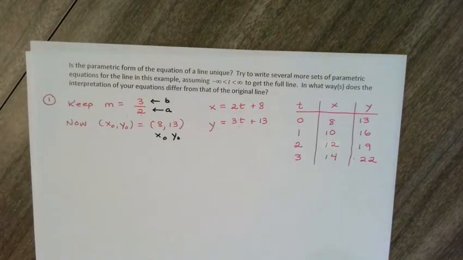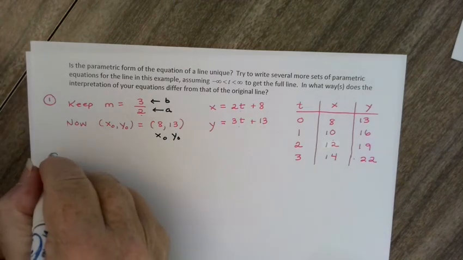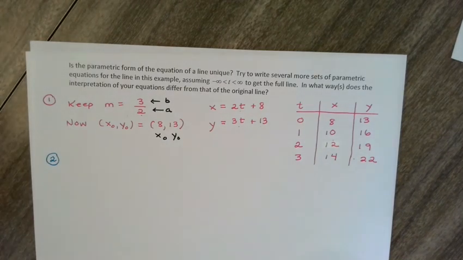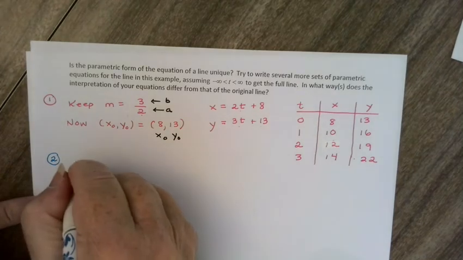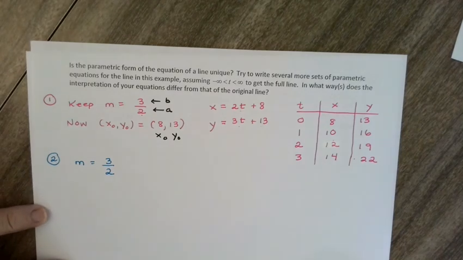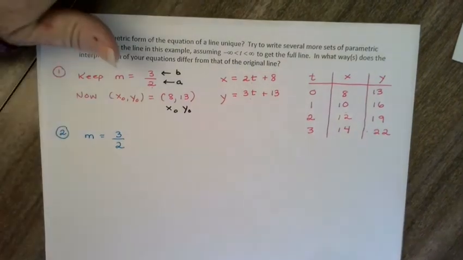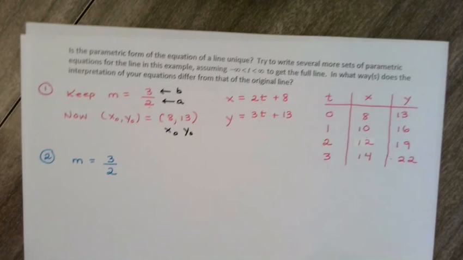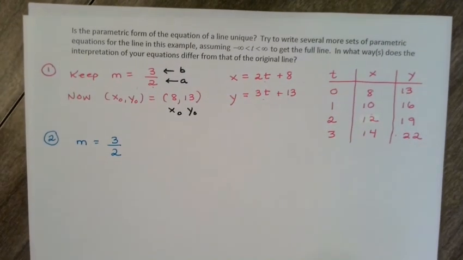All right, let's make another change. This time, I'm going to say my slope was 3/2, and I'd like to keep the same basic slope. The meaning is still 3/2, but there are other fractions that mean the same thing as 3/2.